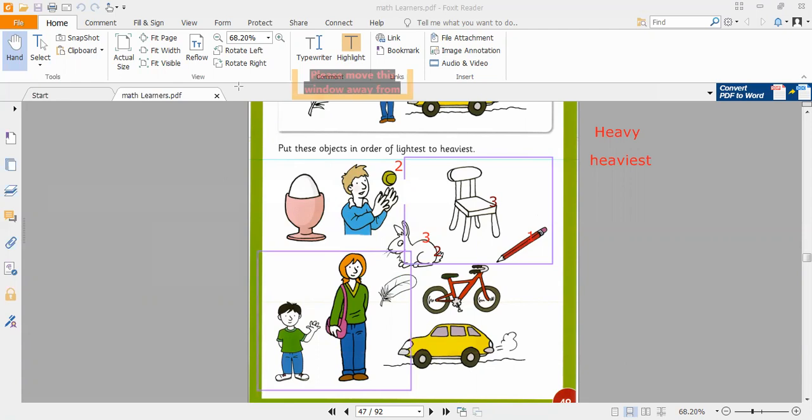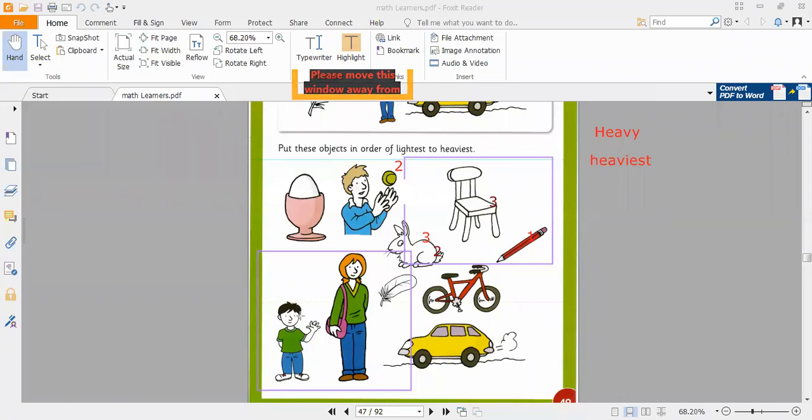So tell me, boys, Abdurrahman is going to tell us which is the lightest object here.